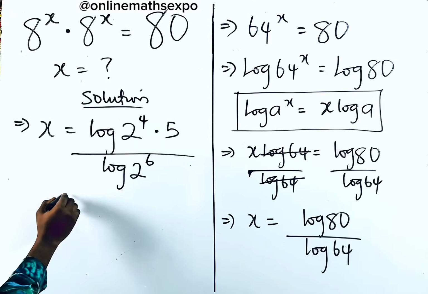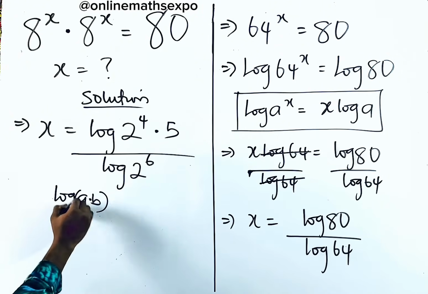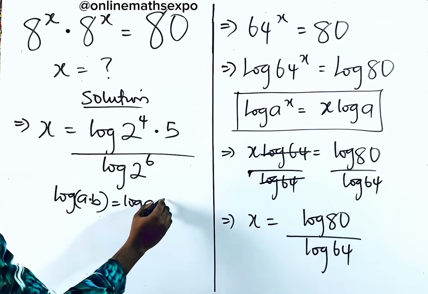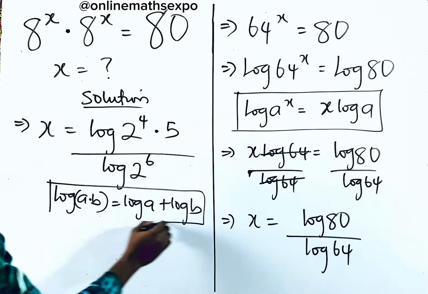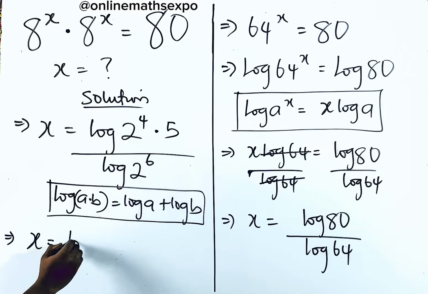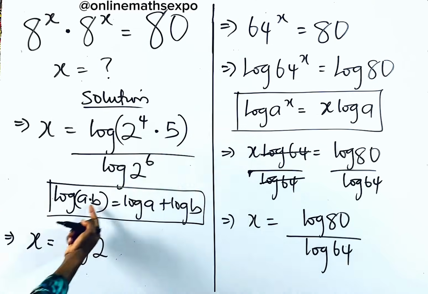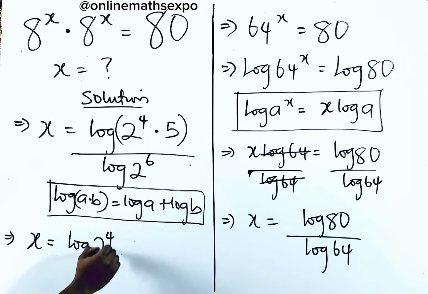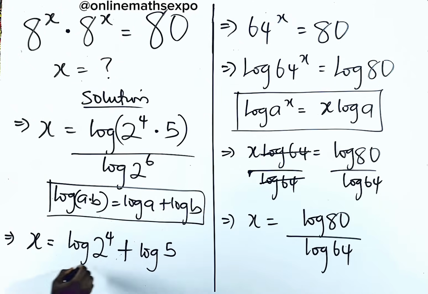Remember also, for every log of a multiplied by b, it is log of a plus log of b. So we're going to apply this rule to simplify, and to do that, we have x is going to give us log of 2 to the power of 4, remember these two are together, okay, just like this. So it's going to give us this plus log of 5, and is divided by log of 2 to the power of 6.